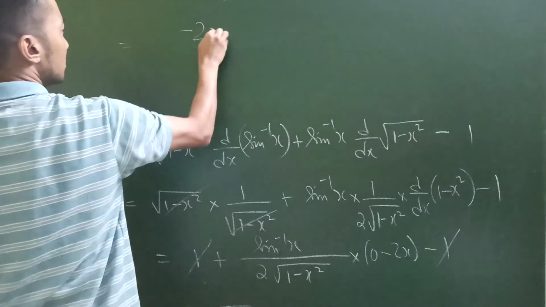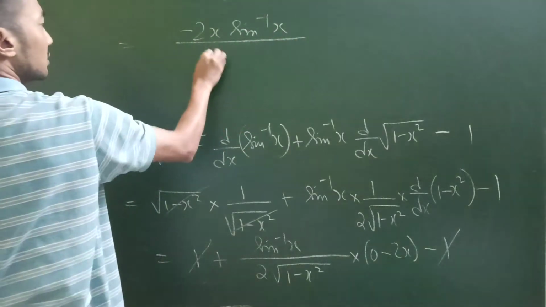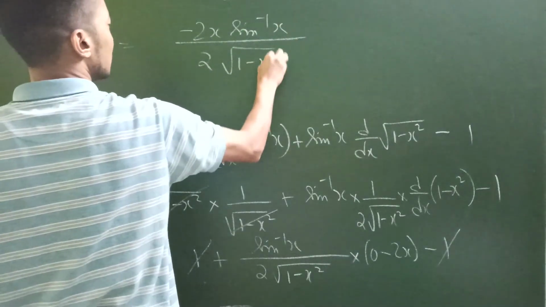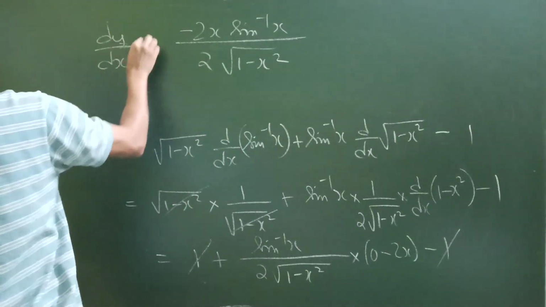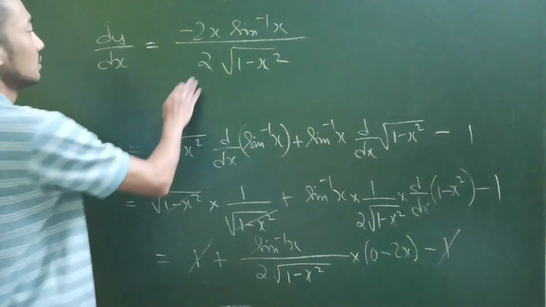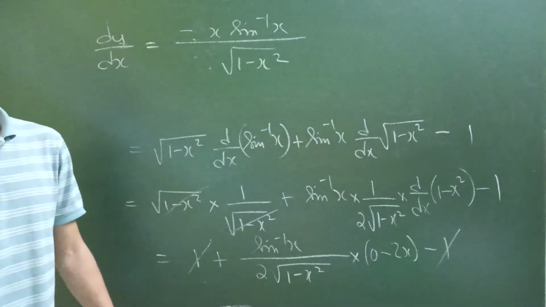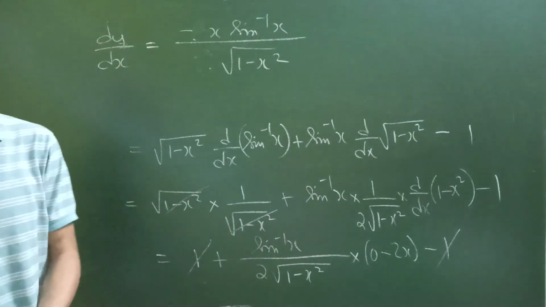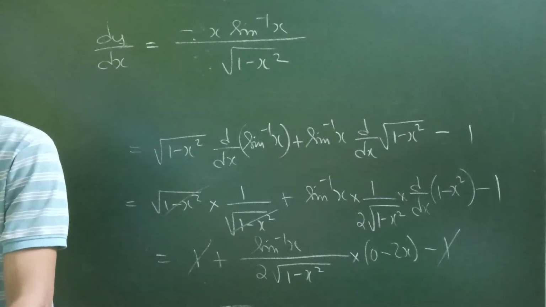So that's going to be minus 2x sine inverse x by 2 root of 1 minus x squared. So this is derivative of y with respect to x. I guess that's fine. So ultimately what do we have? Minus x sine inverse x over root of 1 minus x squared. Is that clear?